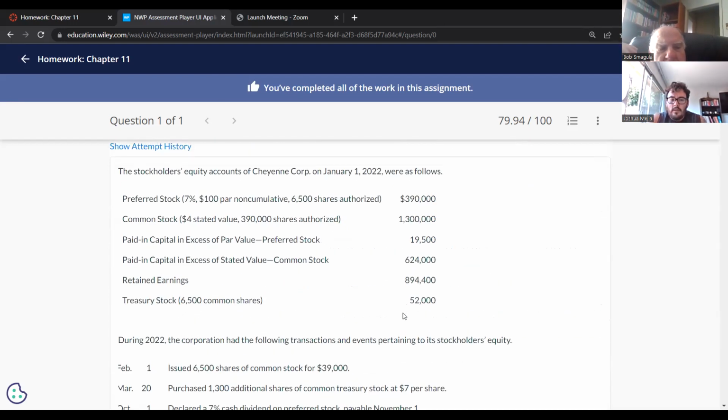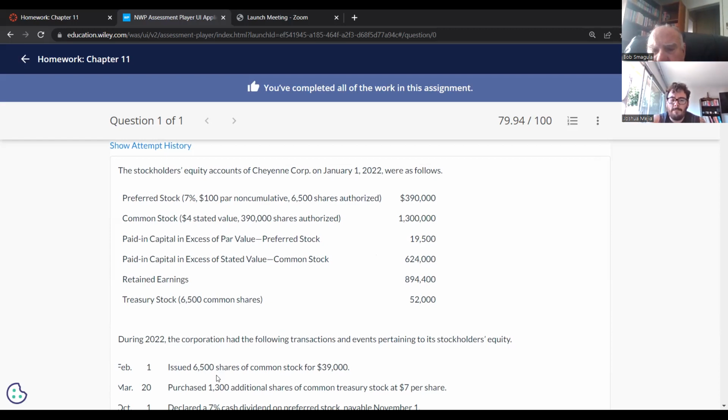You had, remember you divided the 390 by 4, and what number did you get when you did that again? 325,000. That was the outstanding shares before these transactions, but they issued another 6,500, right?